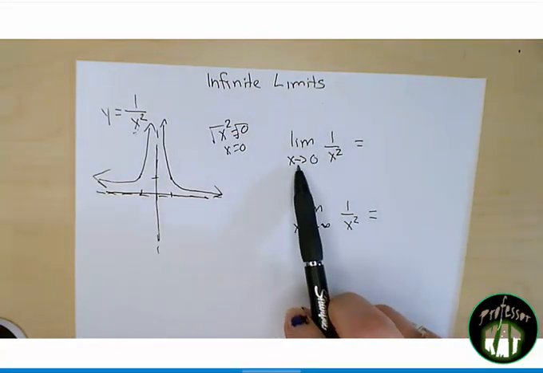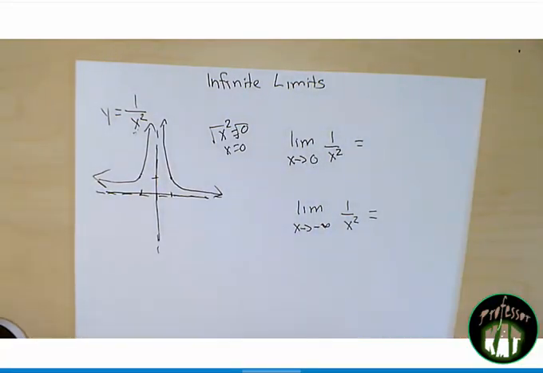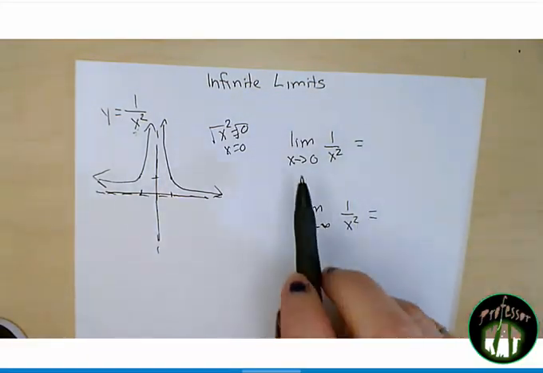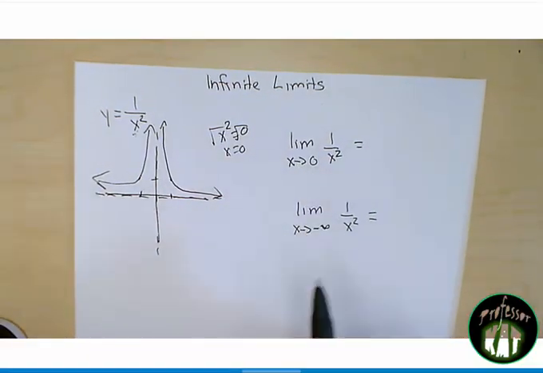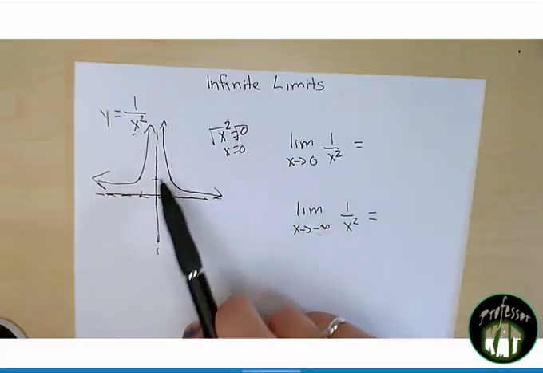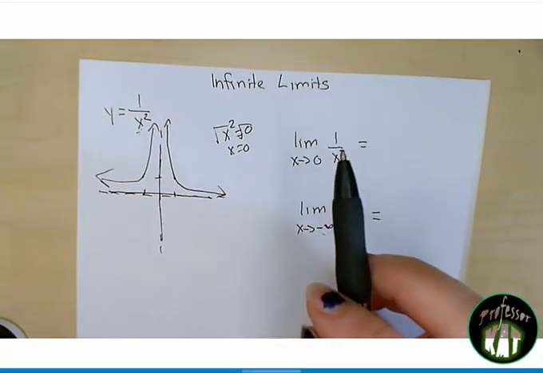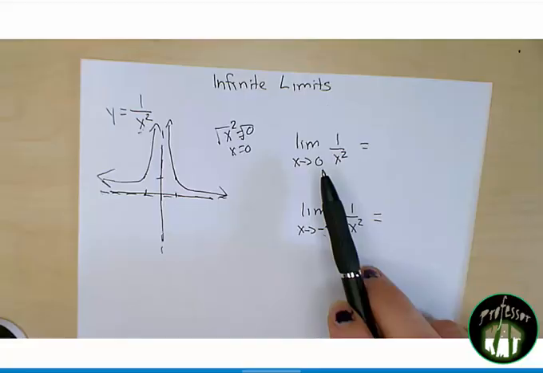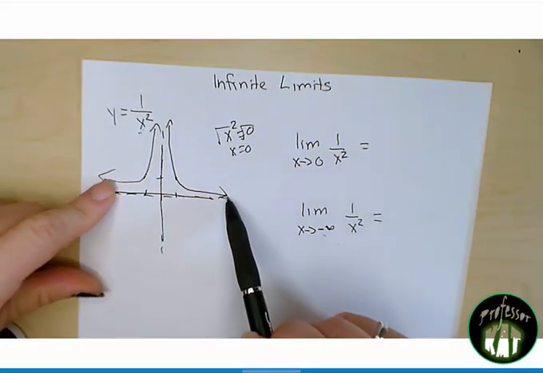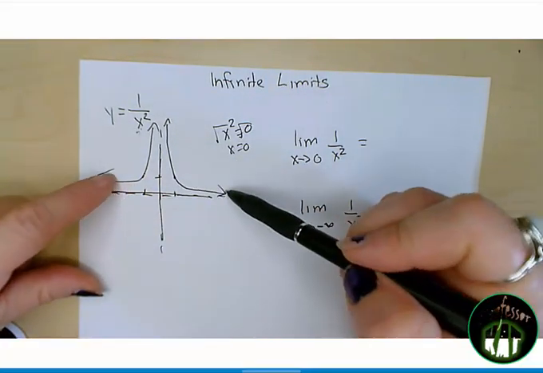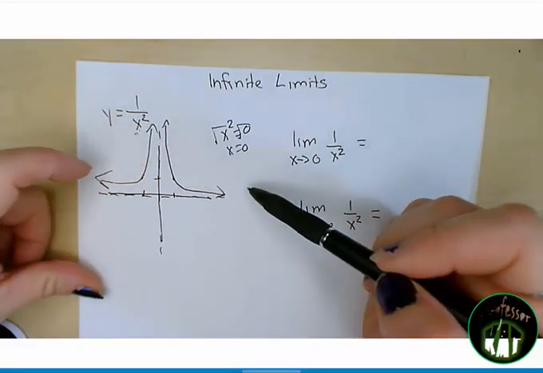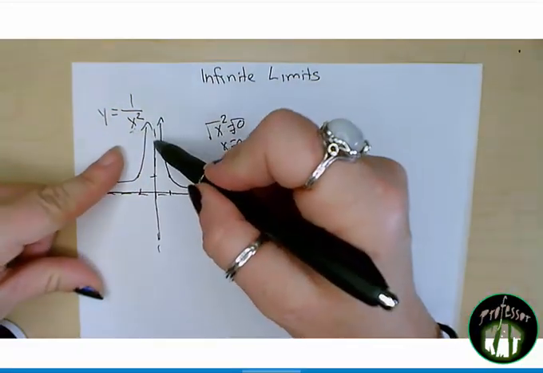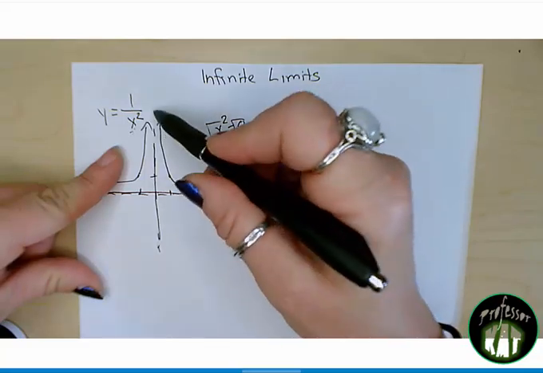The limit as x approaches 0 of 1 over x squared. Notice it's just as x approaches 0. It doesn't say approaching 0 from the left, doesn't say approaching 0 from the right. We are approaching 0, which means that we are coming from both directions. So think about just following your graph from the left and the right as we get close to this line of 0.